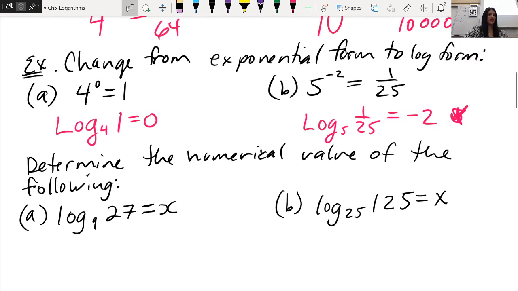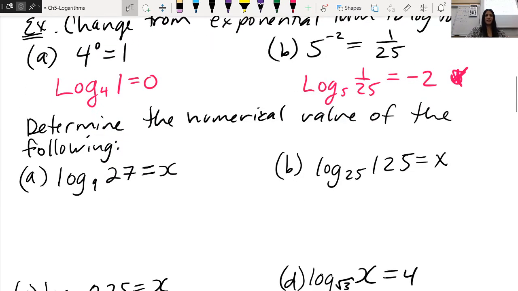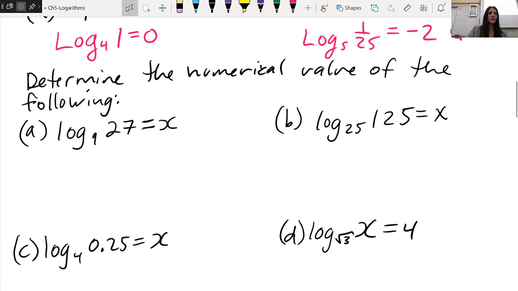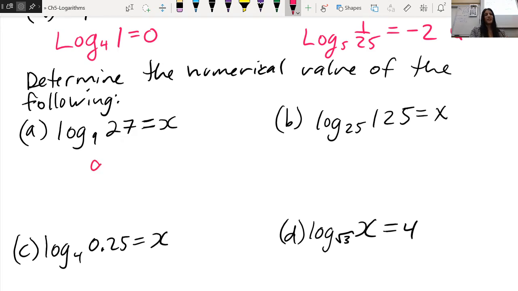We sort of have an idea based on these ones that we just looked at of what it might be, but I want you to work your way through this so that you can tell for sure. So just by looking at this, we can change this to exponential form. Can you tell me what it's going to be in exponential form? 9 to the power of x equals 27.